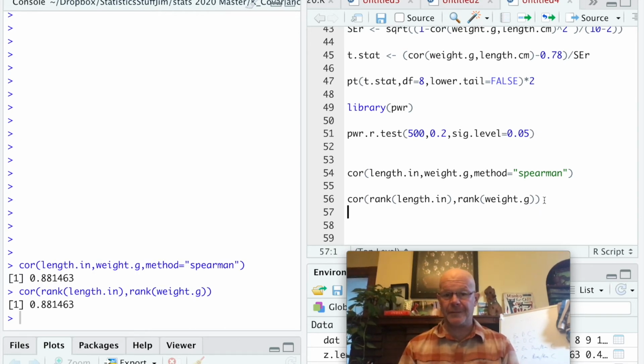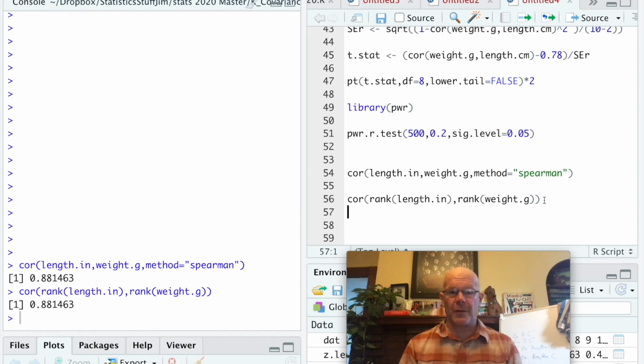So Spearman rank correlation is the Pearson product moment correlation on ranks. In some older books on nonparametric statistics, they had very convoluted ways of calculating it, and you end up getting the exact same answer if you just rank transform your data and then do a Pearson product moment correlation on it. Of all the nonparametric tests, Spearman rank is probably the most common one that we still see in the literature a lot.